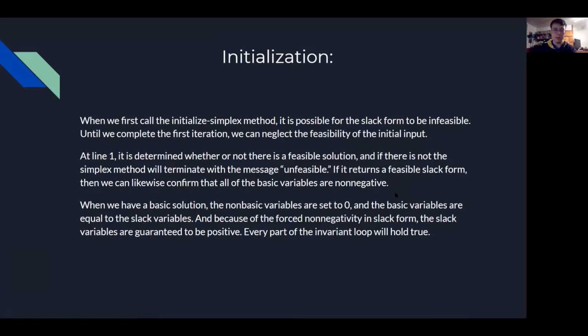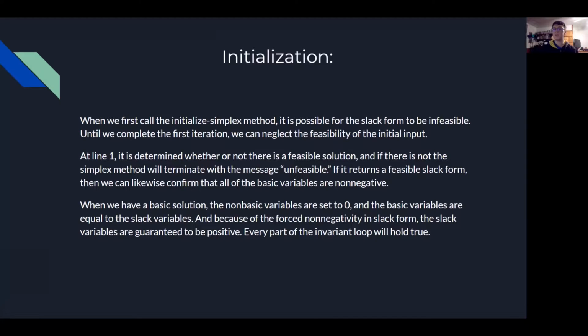And then at line 1, we determine whether or not that is the case. And if we do not find a feasible basic solution, we will terminate the algorithm with the message unfeasible. Otherwise, if it does return 1, we can confirm that all the basic variables are non-negative. When we have a basic solution, we set all the non-basic variables to 0, and then the basic variables will be set equal to the slack variables.